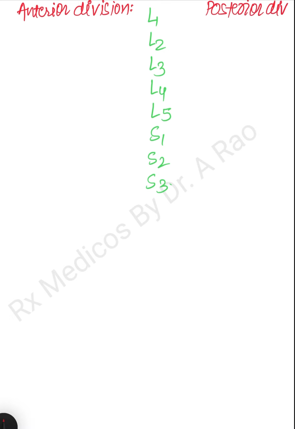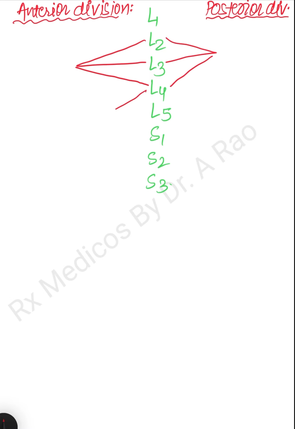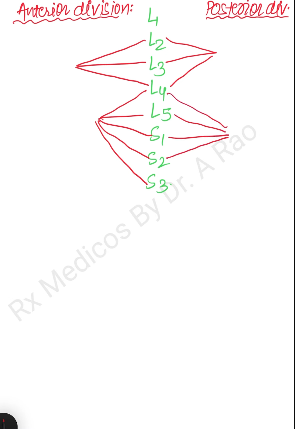From the anterior division of L2, L3 and L4, and from the posterior division of L2, L3 and L4, nerves are arising. From the anterior division of L4, L5, S1, S2 and S3, one nerve is arising. From the posterior division of L4, L5, S1 and S2, also one nerve is arising.